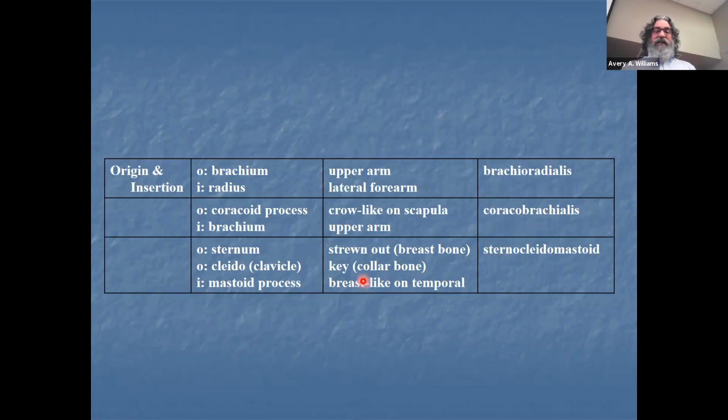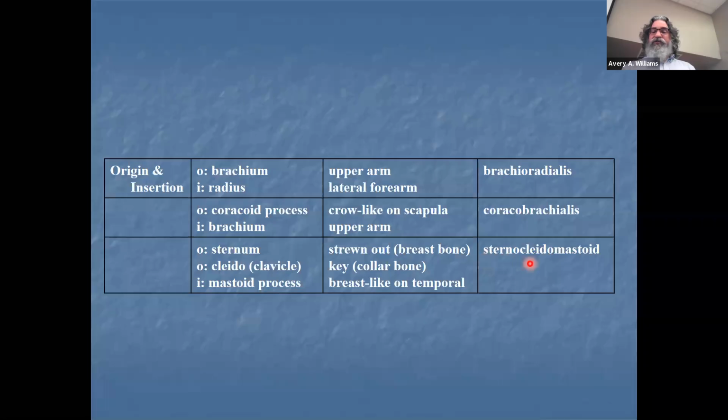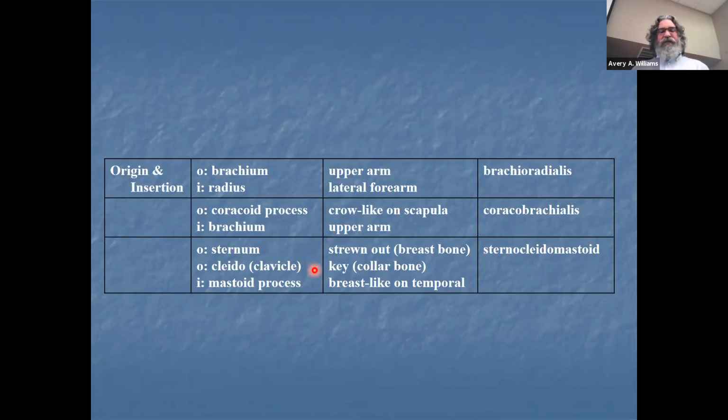And then one more, look at this, sternocleidomastoid. Here you have 3 body regions. So sternum, cleido, that's another way of saying clavicle. Cleido, clavicle, I guess that's the Latin. But it means clavicle.